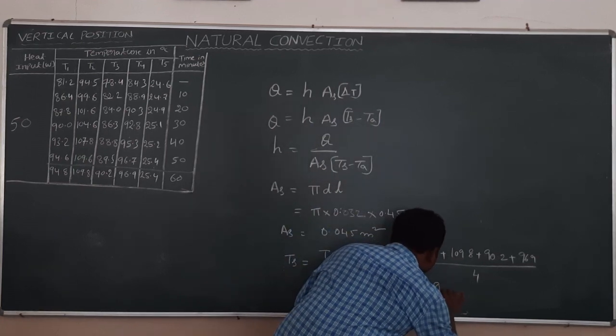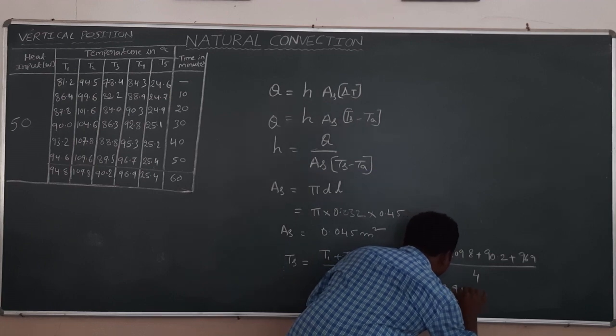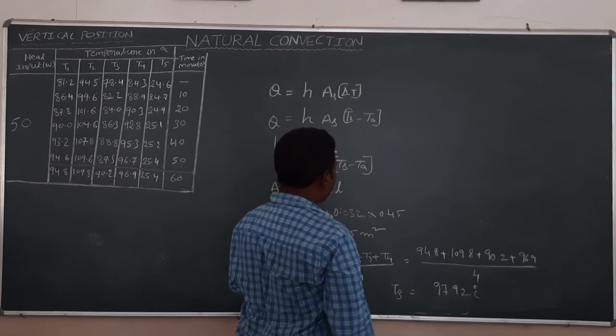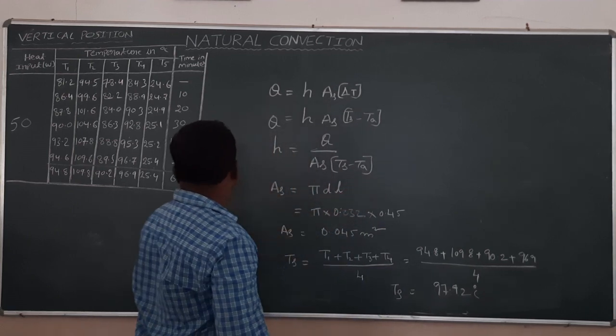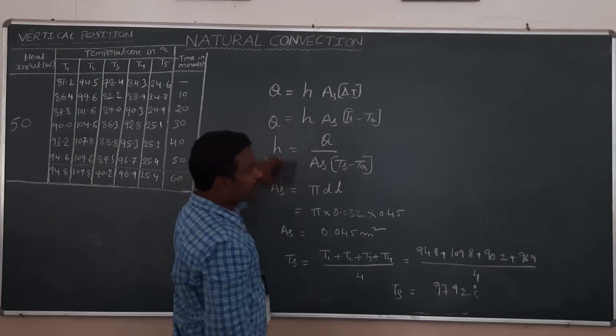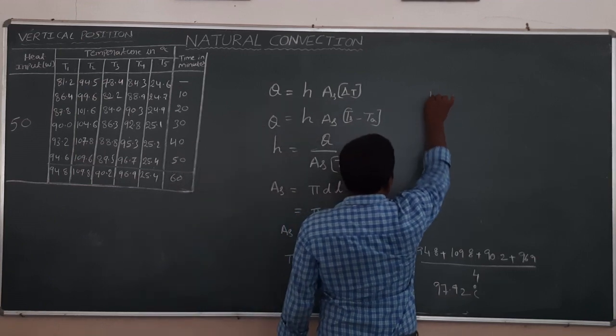97.92 degree centigrade. This one is the surface temperature. We already know the ambient temperature value directly from the table. So substitute all these values in this equation, and we will get the heat transfer coefficient.